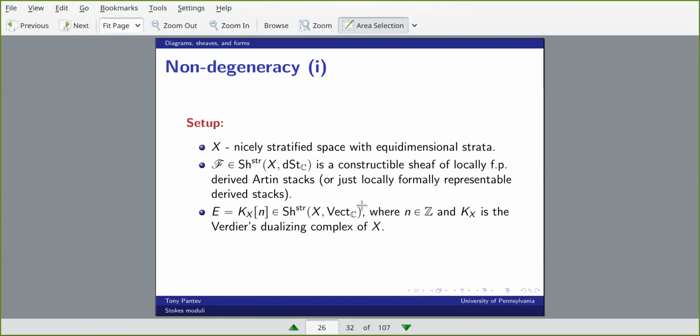It's real, but the strata are essentially Euclidean spaces. It's like in the MacPherson formula, right? Yeah. It's slightly more general than that, but yeah, you can certainly talk about dimension. Okay.